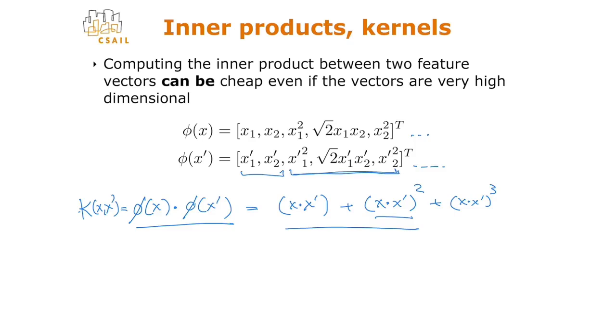So kernel really should have a subscript that corresponds to the feature transformation, so as to explicitly say what that transformation is, but that's typically left out. All right, and what we saw here is that sometimes, depending on the feature transformation, the kernel can be evaluated very cheaply, even though we would have to explicitly construct very high-dimensional feature vectors.